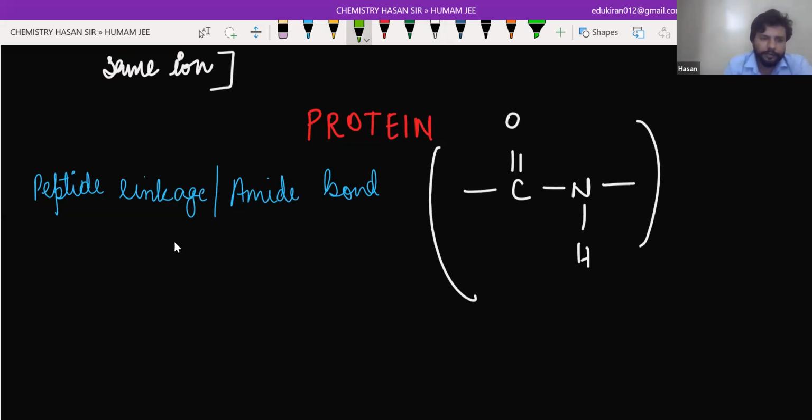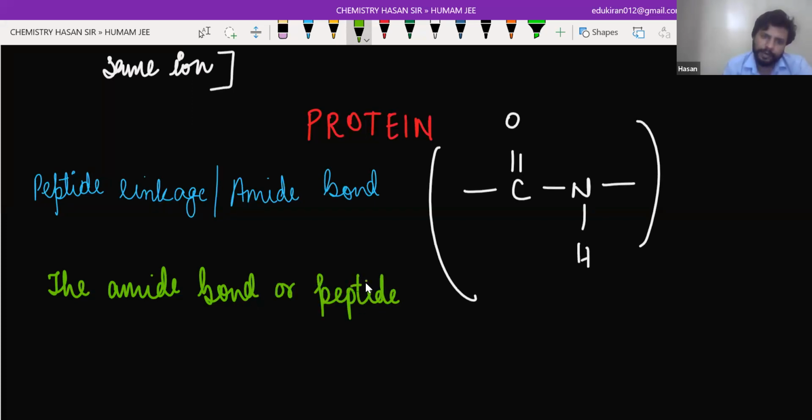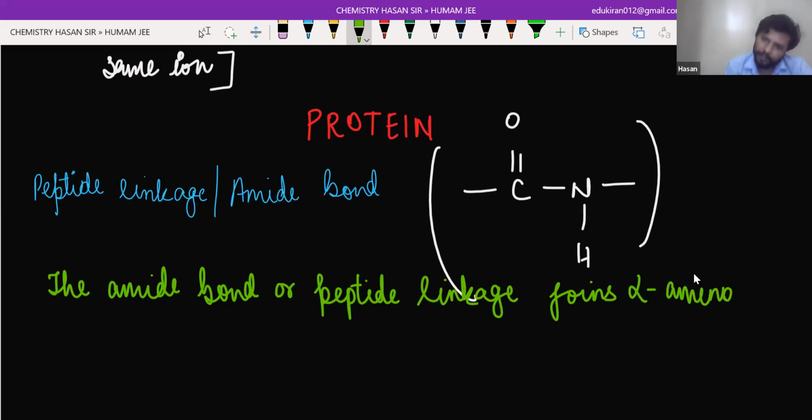So we can write: the amide bond or peptide linkage joins alpha amino acids in protein.